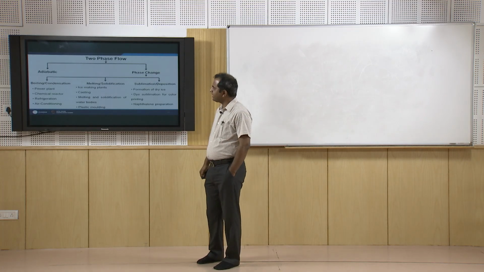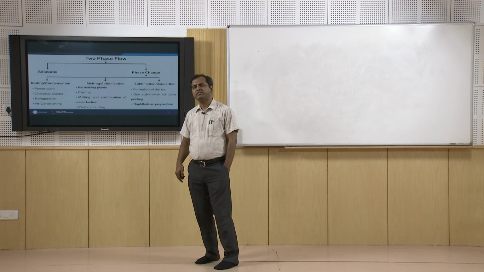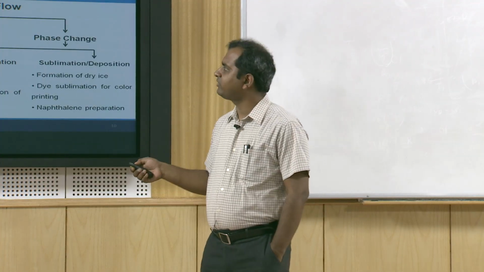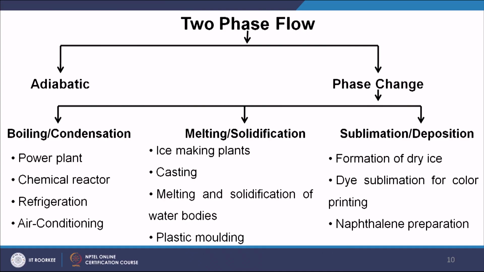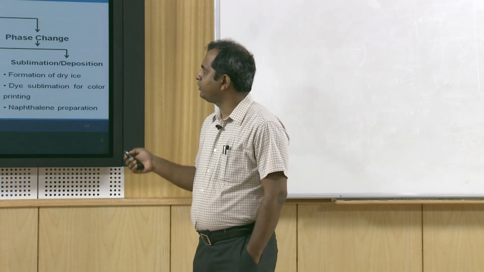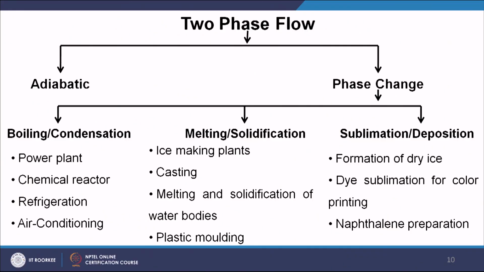Okay. Let us now see how two phase flow can be categorized based on heat transfer. If there is no heat transfer associated, you will be finding adiabatic conditions. So, the pipe will be having no phase change inside. But if you are having phase change or allowed heat transfer, we can have three different situations: boiling or condensation, melting and solidification, and finally sublimation and deposition.